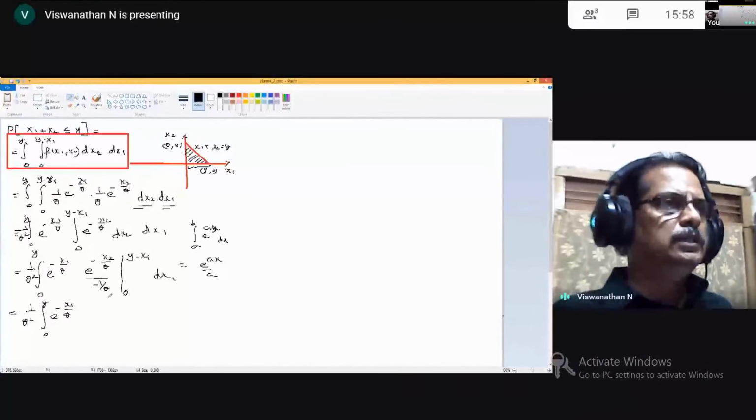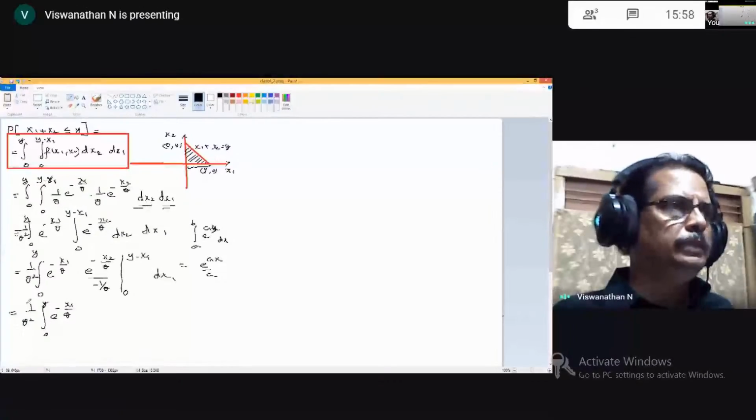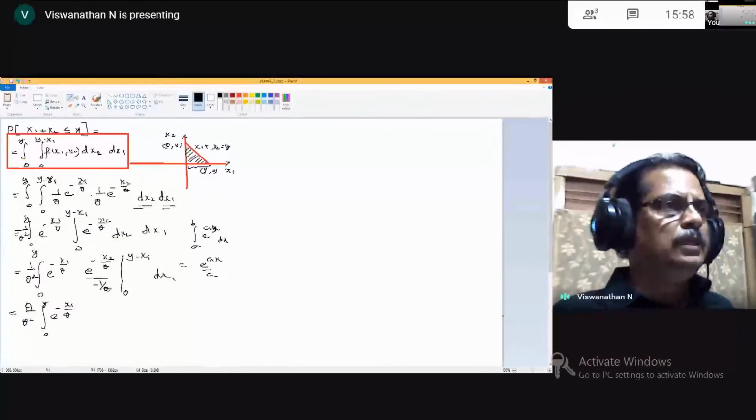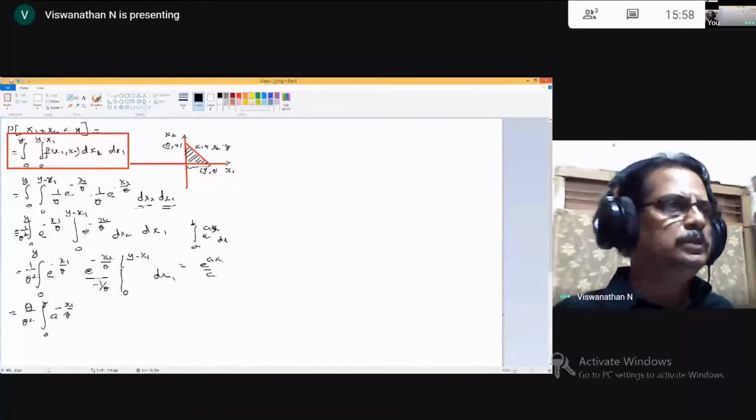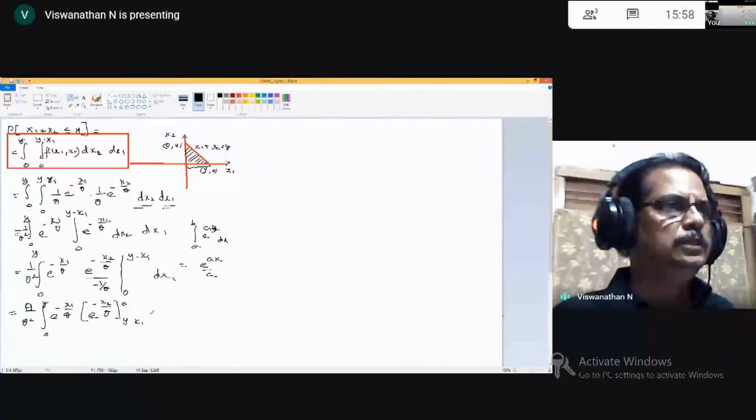Here this theta will come to the numerator, so I will bring this theta. And we have a minus sign that I will exchange with the upper and lower limit. So what we have now is e power minus x2 by theta, upper limit 0, lower limit y minus x1. Because of the minus sign, I am interchanging the limits, dx1.